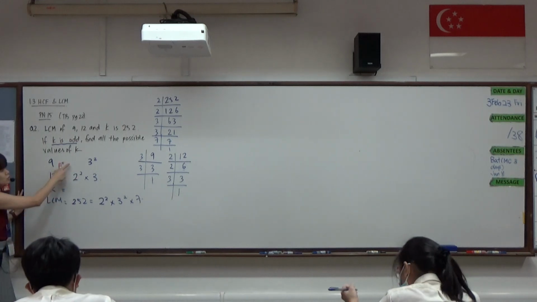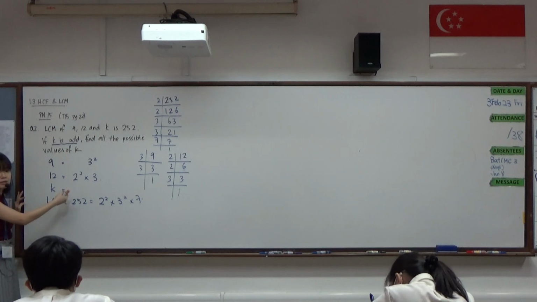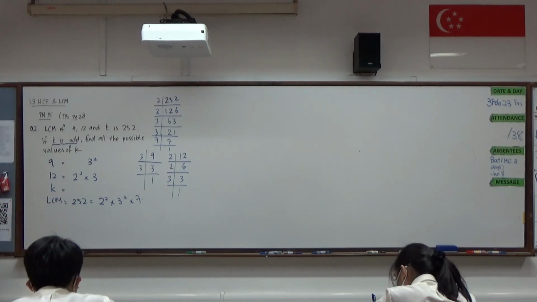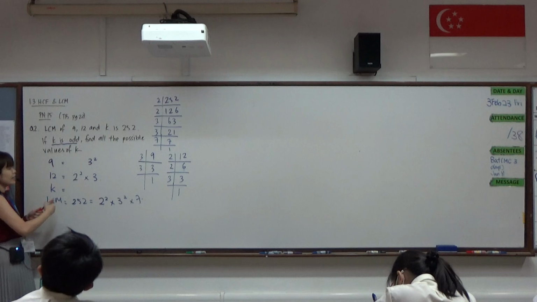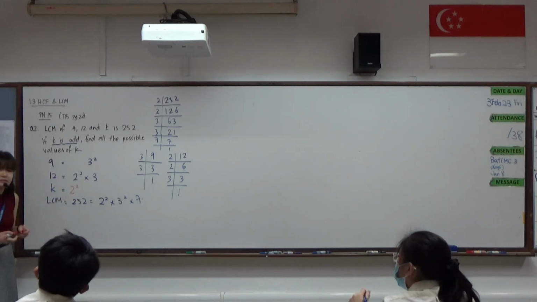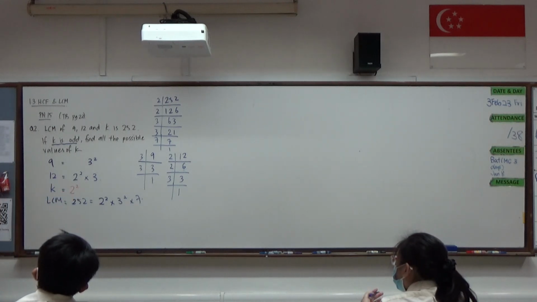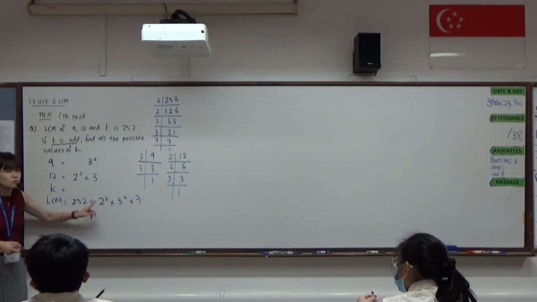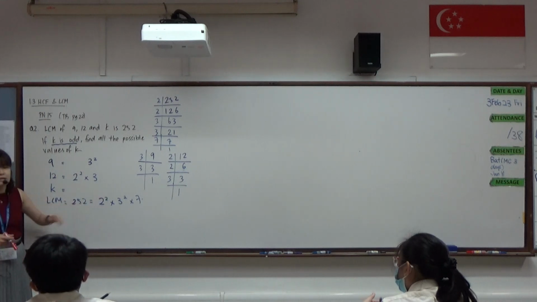My 2 squared can be here, can also be here, but it's optional. Now the question is, should I have 2 squared in my k? Why not? Because k is odd, very good. Because k is odd, 2 squared can never be inside my k. So we have clarified 2 squared already.